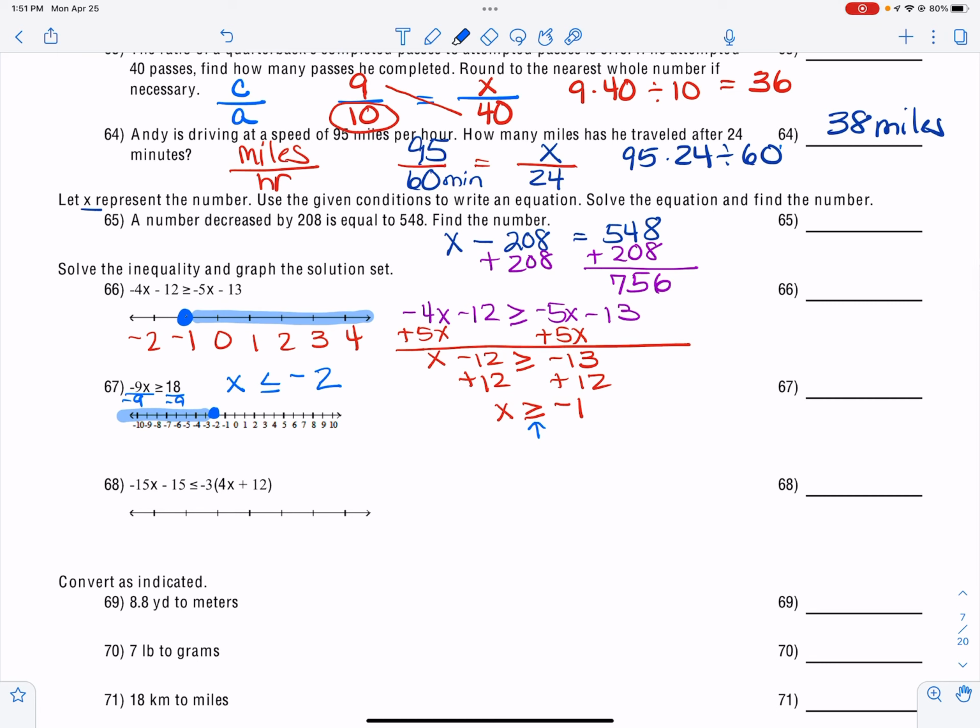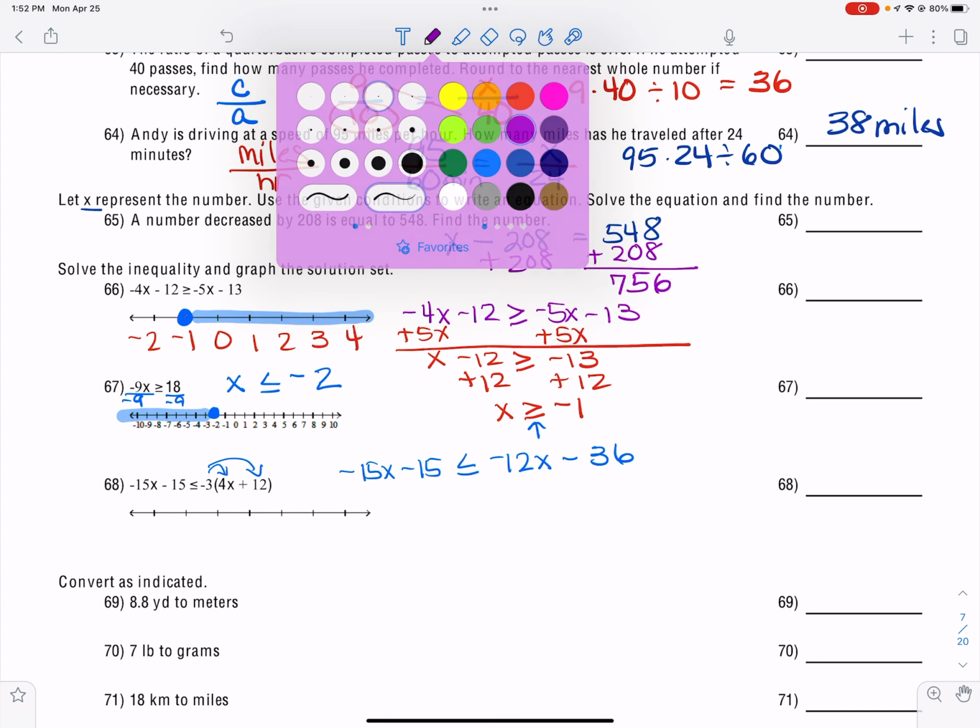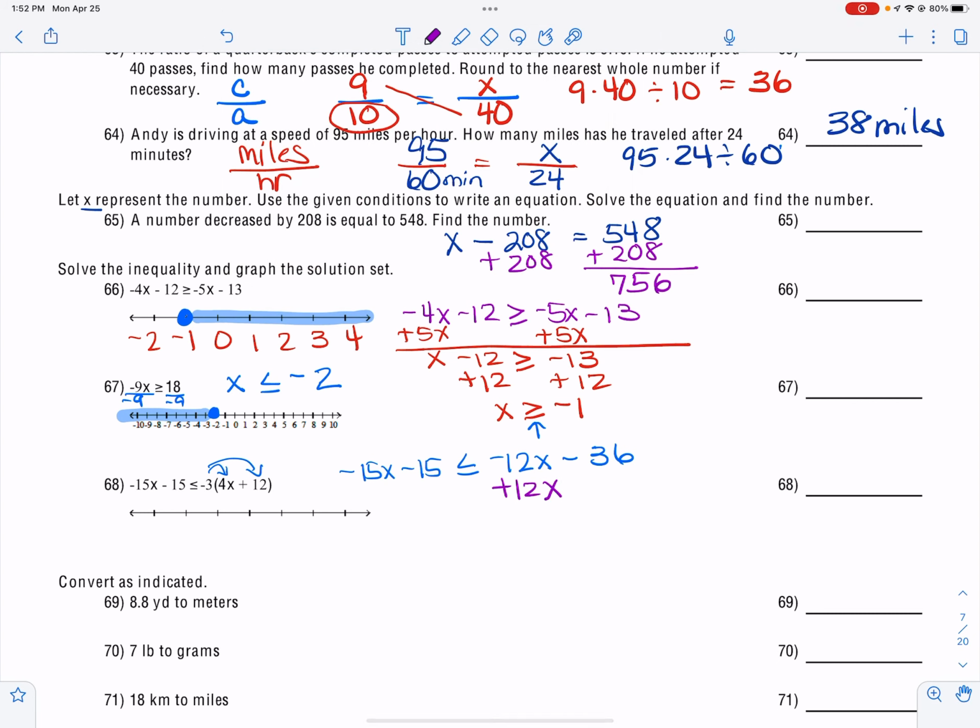And then last but not least, we've got this one where we've got to distribute. So when I distribute, I'm going to get negative 15x minus 15 less than or equal to negative 12x minus 36. I am going to add 12x, and so that gives me negative 3x minus 15 less than or equal to negative 36.